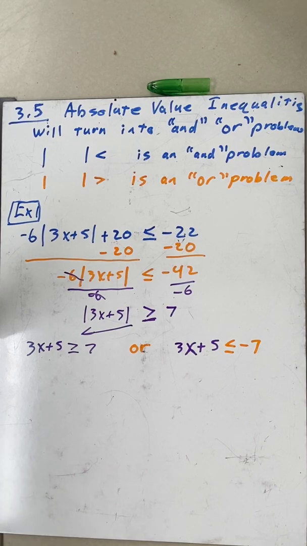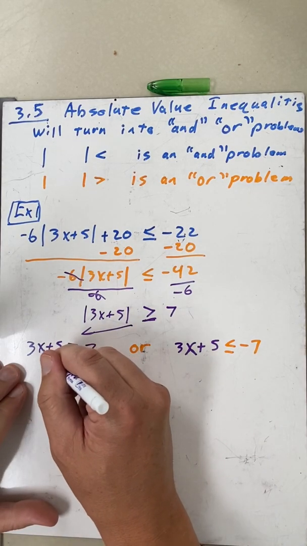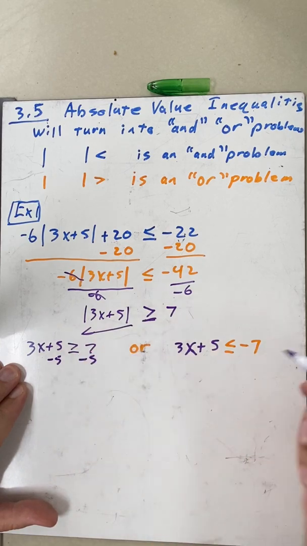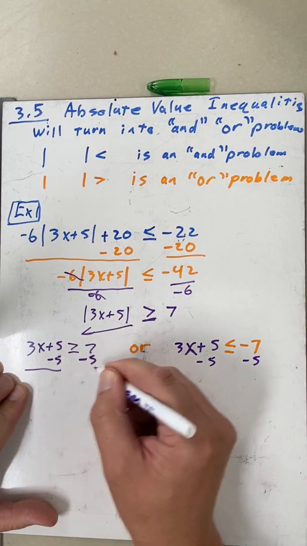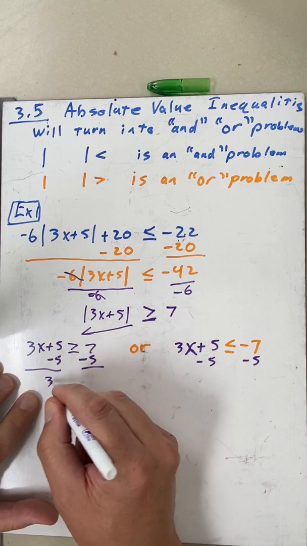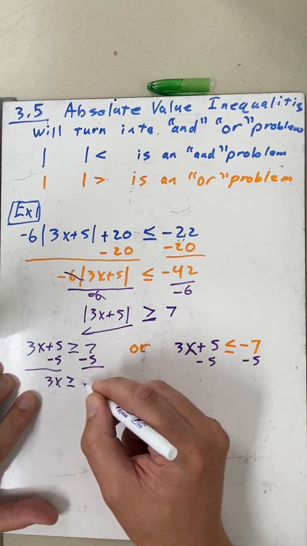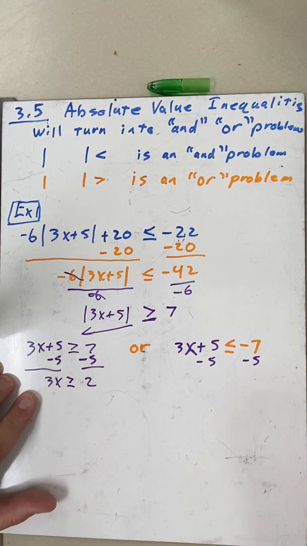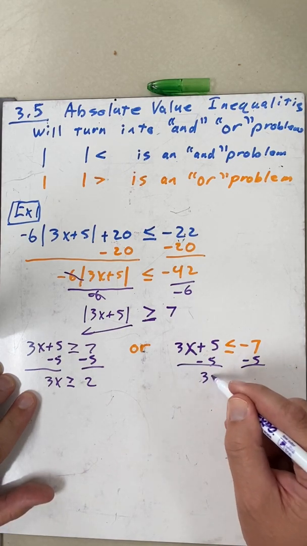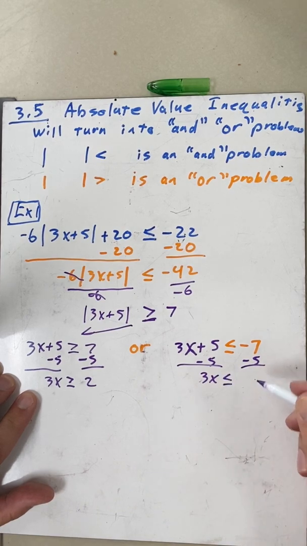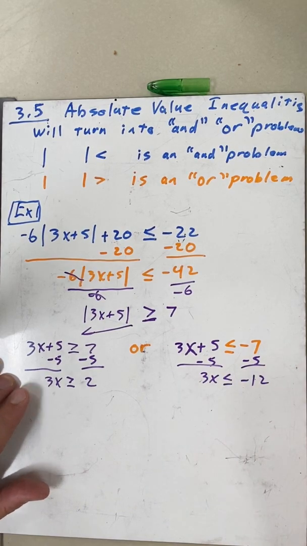Now we solve. We will subtract 5 from both sides on this one, and we'll do the same thing over here. I will get 3x is greater than or equal to 2, and over here I will get 3x is less than or equal to -12.